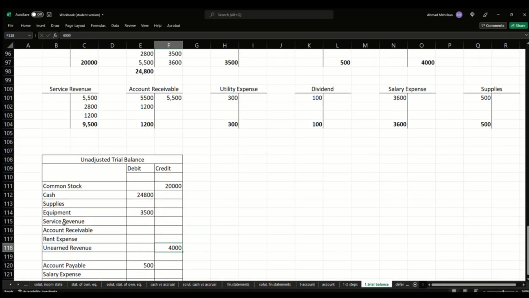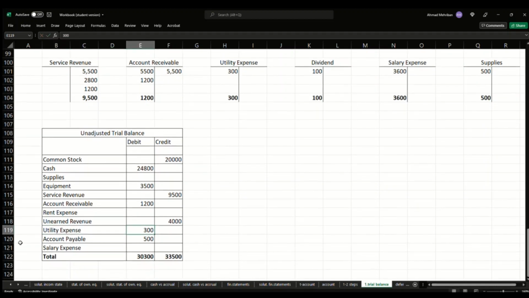Service revenue, 9,500. Accounts receivable, here it is. It's a debit account. Utility expense, 300. Dividends, let's add another line. Dividends, 100. And salary expense we have here 3,600. And supplies I had here unused 500.